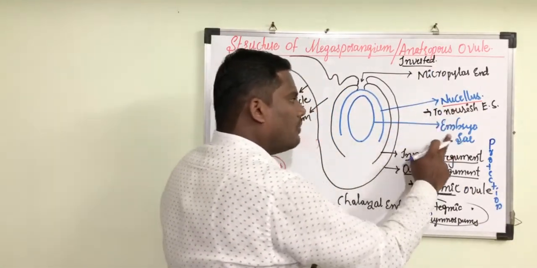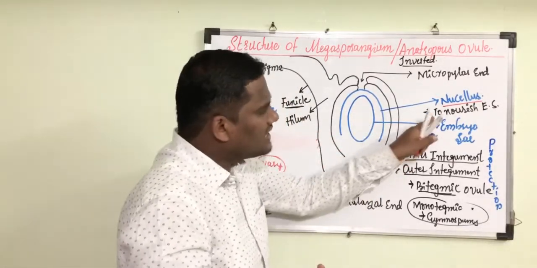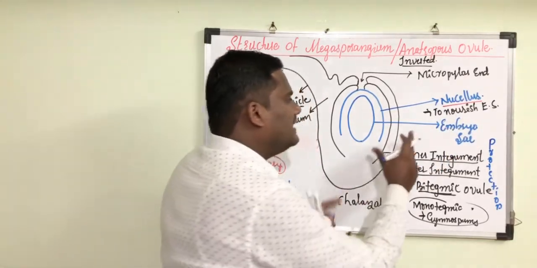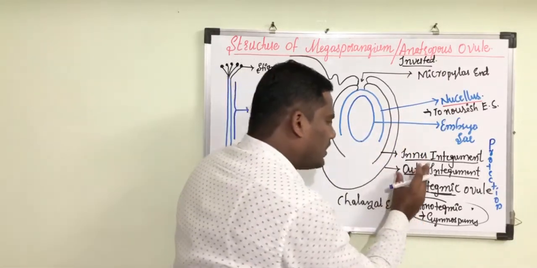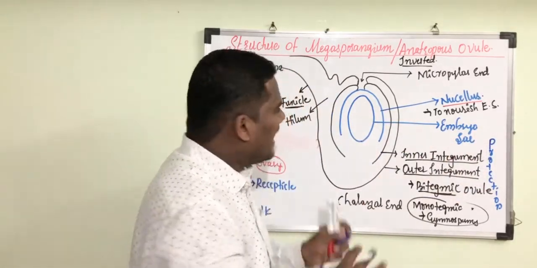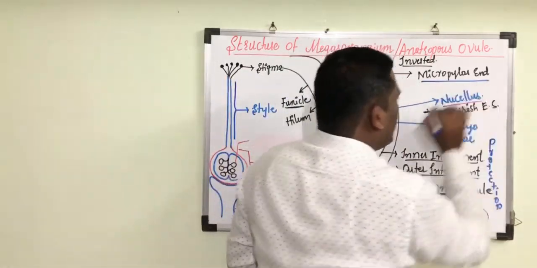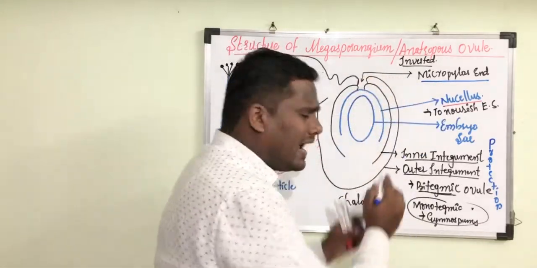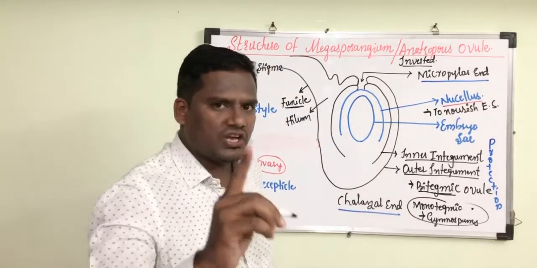The embryo sac's main job is to help in the development of the female gamete, whereas the nucellus's main job is to nourish the developing embryo sac. The embryo sac and nucellus are covered with the outer and inner integuments, whose main function is to provide protection. This structure forms an opening called the micropylar end, and opposite to that, the other end of the ovule is the chalazal end.